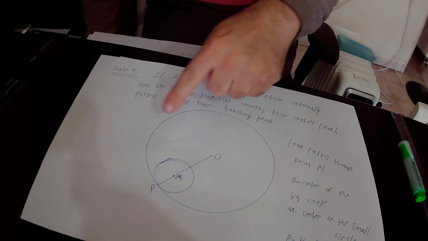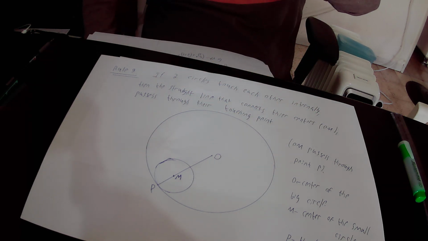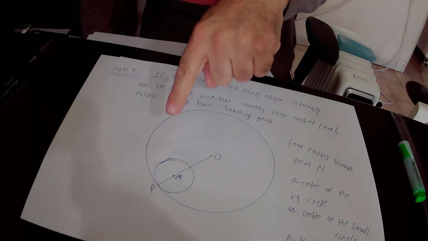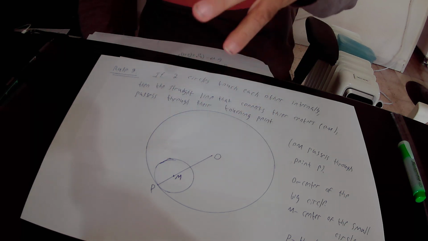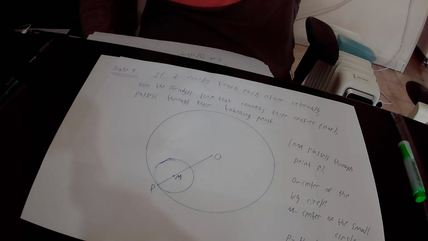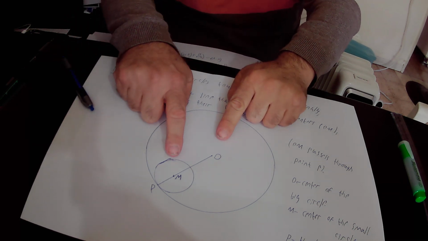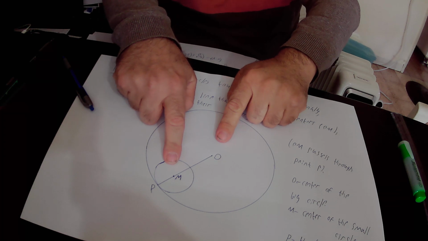Point O is the center of the big circle, point M is the center of the small circle. Those two circles have internal touching between them at point P, that is to say they are touching each other internally at point P. According to rule number 9, the straight line that connects their centers together is OM.